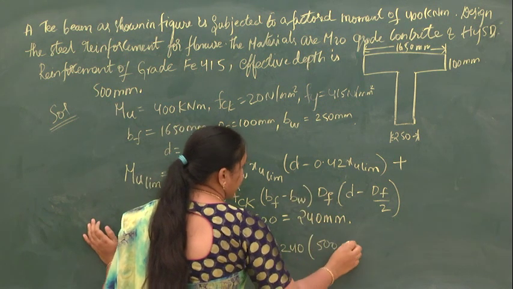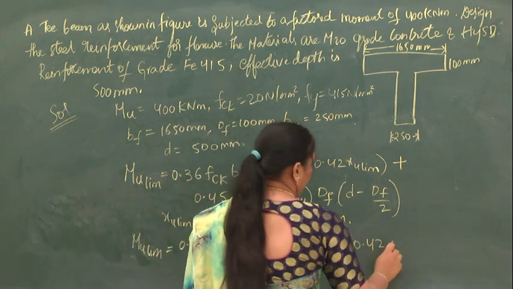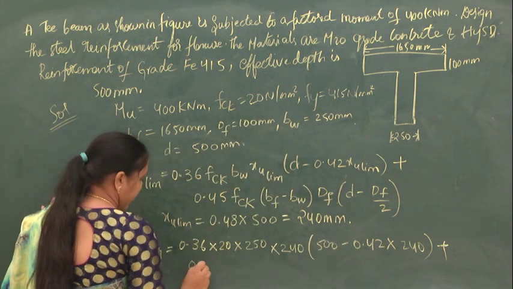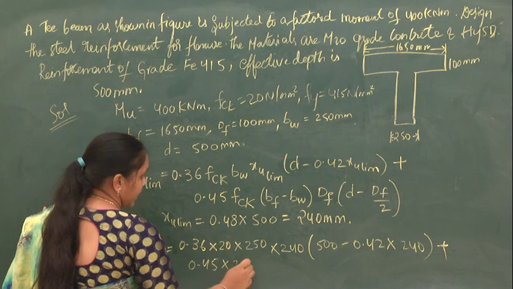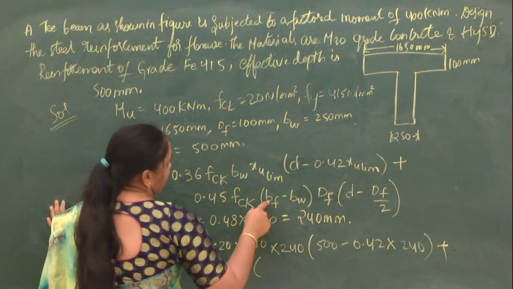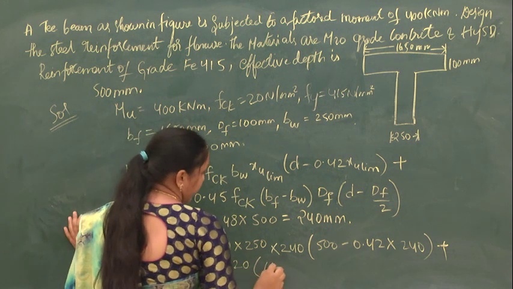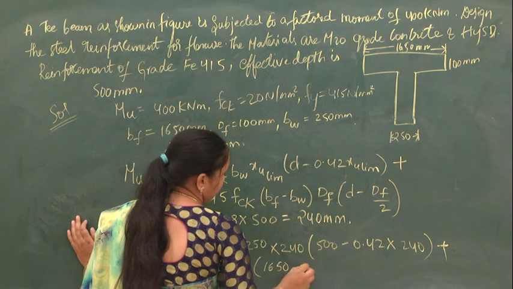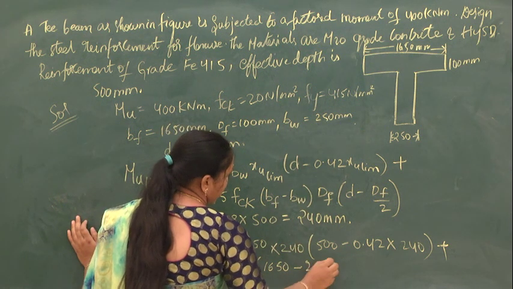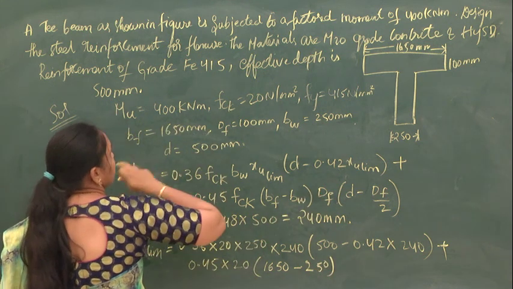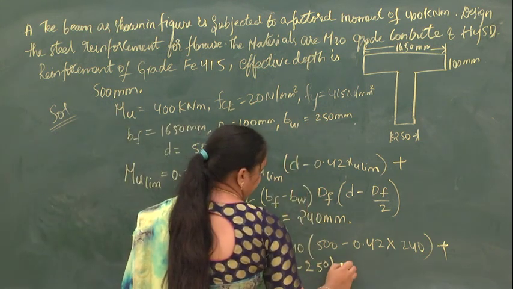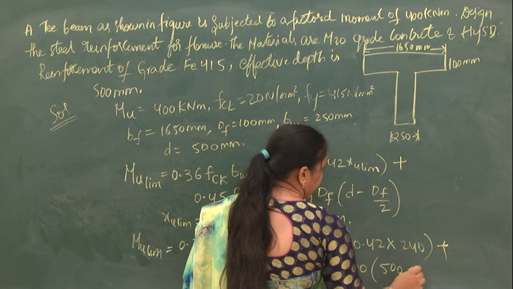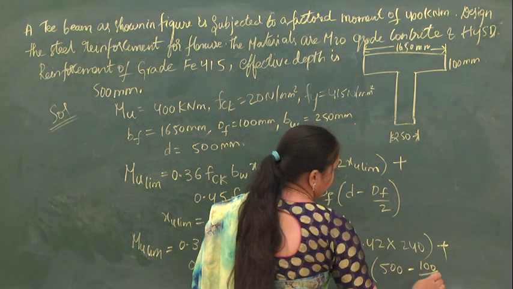It is 500 minus 0.42 into XU limit, 240, plus 0.45 into FCK, 20, into the effective width of the flange. How much is it? 1650 minus the width of the web, 250, into DF. What is the depth of the flange given here? It is 100, into D, which is 500, minus how much is DF? It is 100 divided by 2.